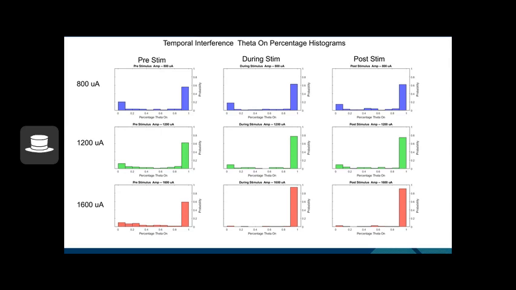However, it is slightly increased for the 1200 microamp group during and after stimulation, and for the 1600 microamp group, the increase goes from 60% before stimulation to about 90%, meaning that for most sessions where theta was off before the 1600 microamp group, it was turned on and stayed on after stimulation.